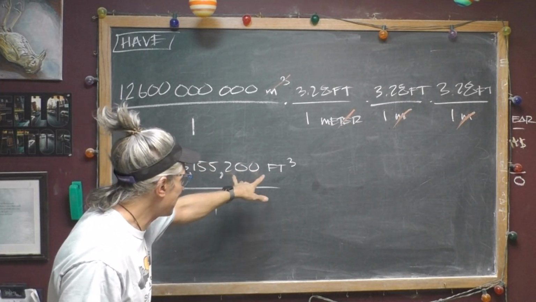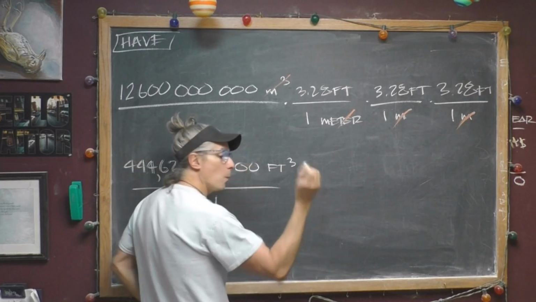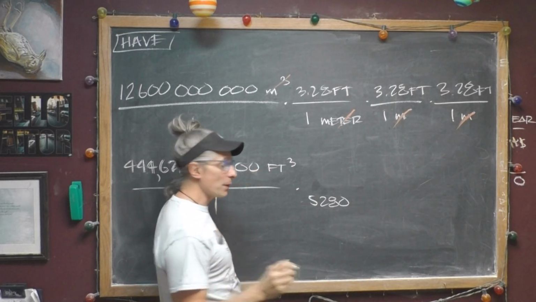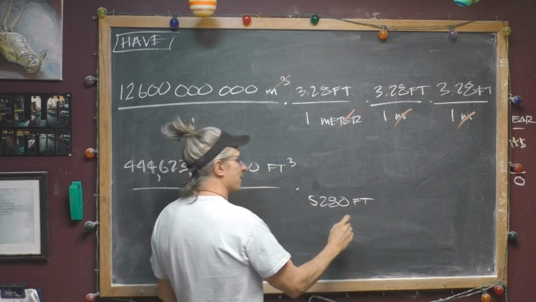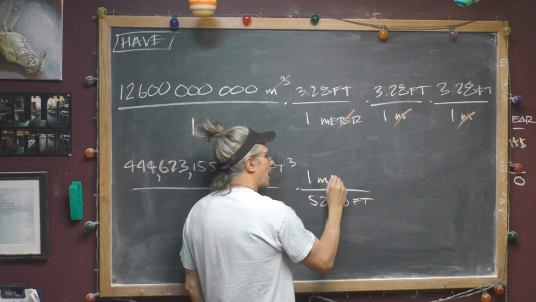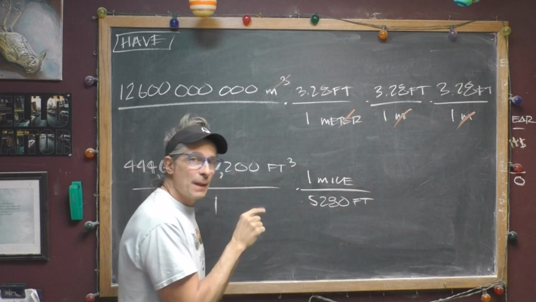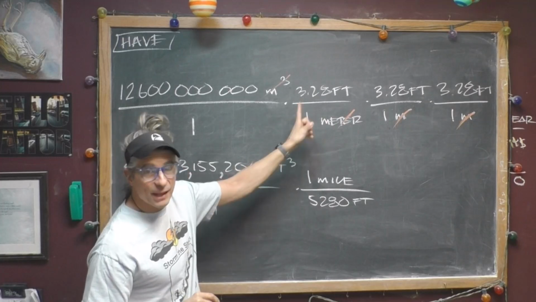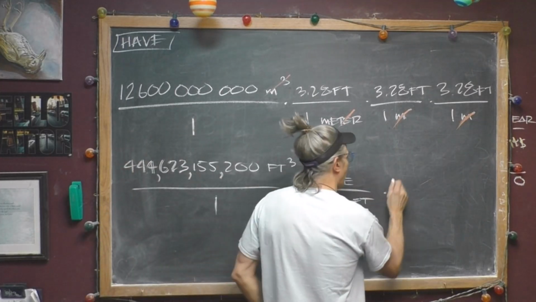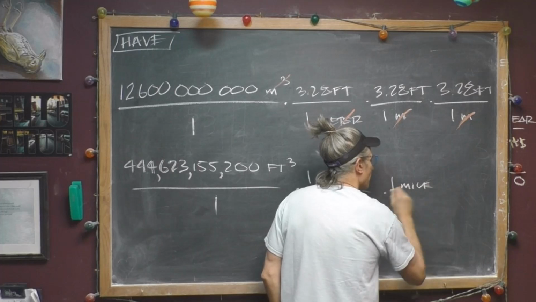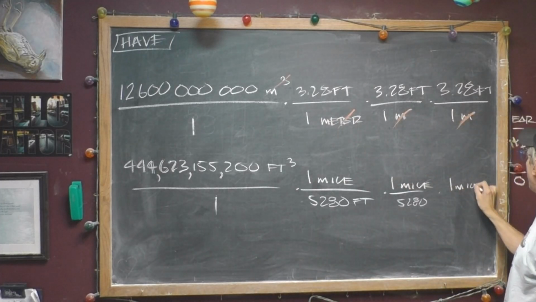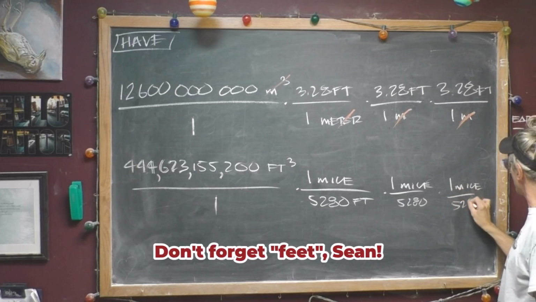Okay, you've got cubic feet. We know that there are 5,280. I don't know why there are, but we know that there are 5,280 feet in 1 mile. But that's only feet, not cubic feet. We've got to do the same thing we did up here down here. We've got to multiply by 1 mile over 5,280 times 1 mile over 5,280.